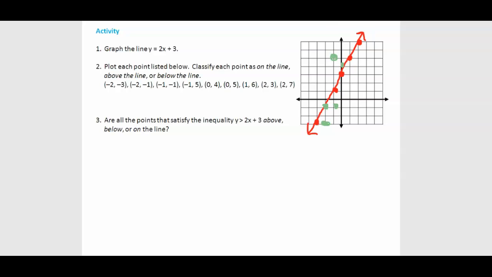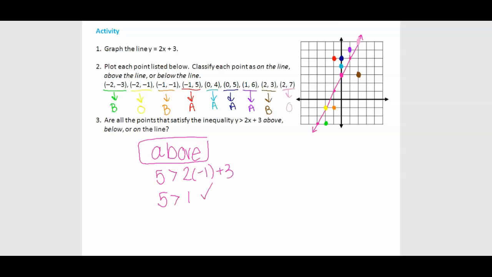Okay. As you work your way through each of those points, what you will notice or start to notice is some of those points are above, below, and on the line. So what we want to do is talk about what those points are and what they represent. So I have color-coded mine so you can make sure you graph them correctly.